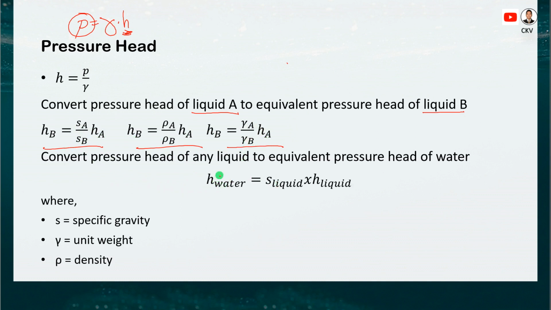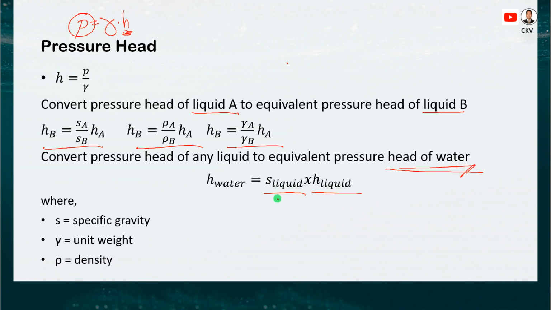The next one is if we want to convert the pressure head of any liquid to equivalent pressure head of water, we can just simply multiply the specific gravity of that particular liquid by the height of that liquid.